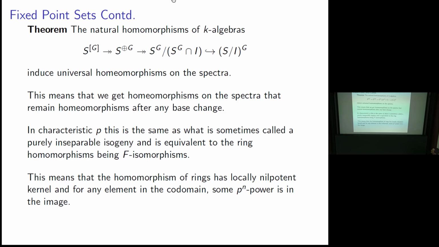In terms of rings, this means the kernel is locally nilpotent, and for any element in the codomain, some p to the n power is in the image. So it's also totally algebraic. But if you're not in characteristic p, does anyone know what the universal homeomorphism corresponds to? I had to look it up, but it's actually very strange, so since we've got time, I'll repeat it.